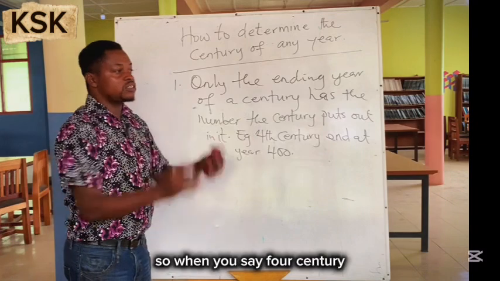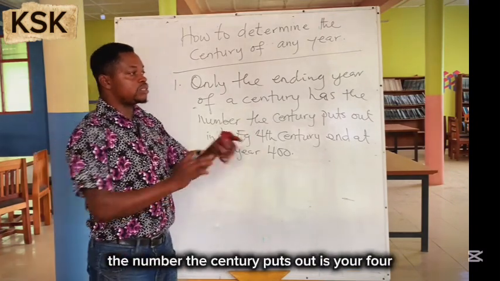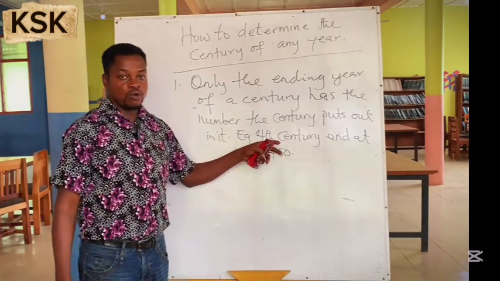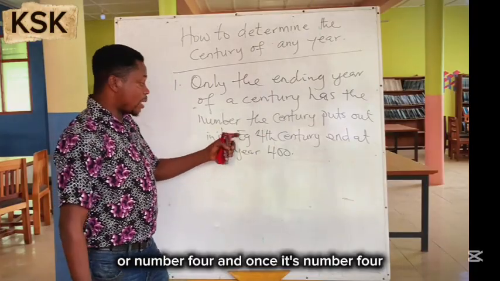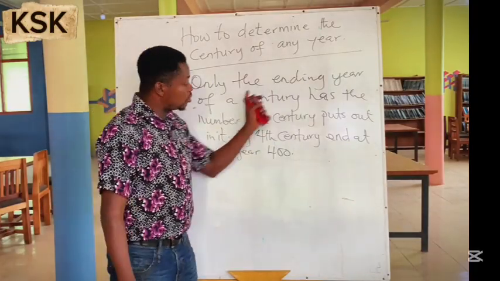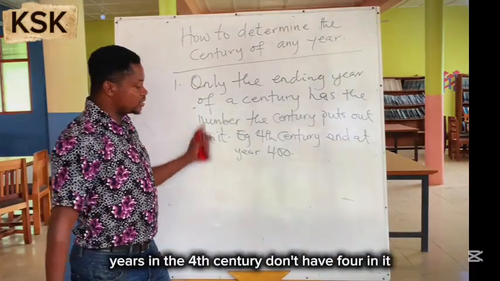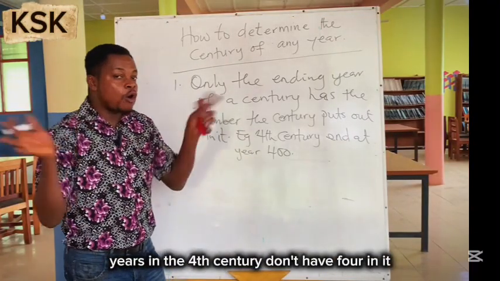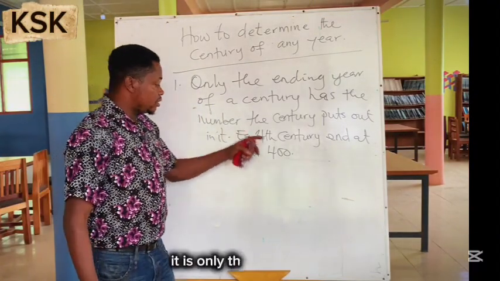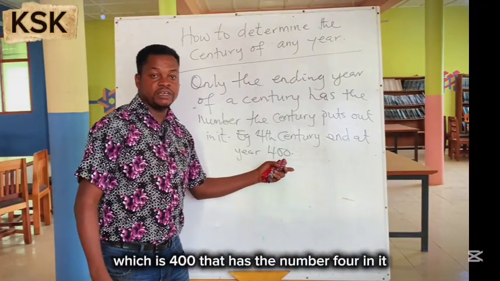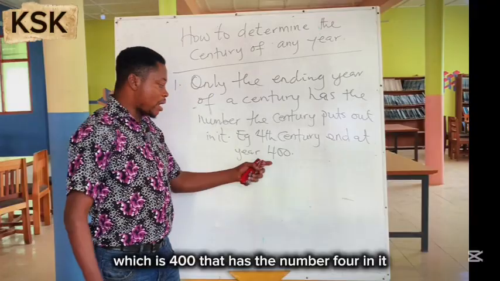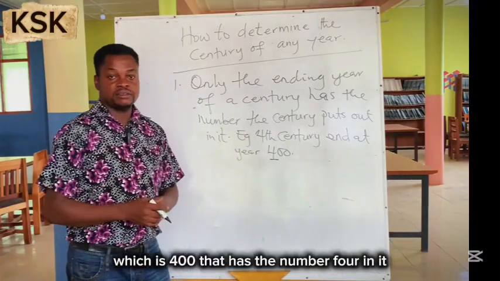When you say 4th century, the number the century puts out is 4. And once it's number 4, all the other years in the 4th century don't have 4 in them. It is only the ending year, which is 400, that has the number 4 in it.